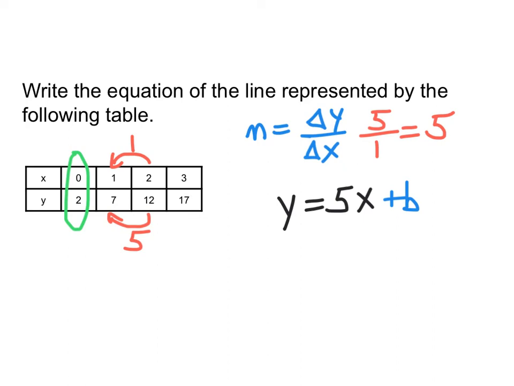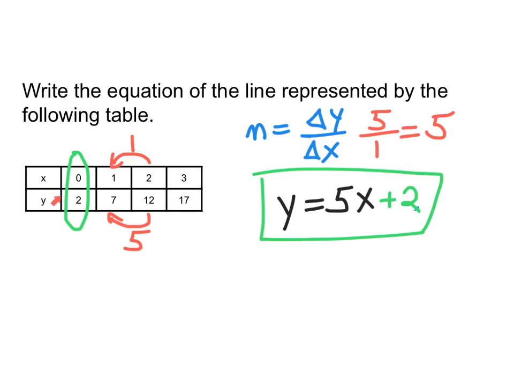So instead of writing plus b, we would write plus 2. So we would write y equals 5x plus 2. And that is going to be our equation, the equation that we get from this table, and this equation and this table say the same thing. This equation describes this table.